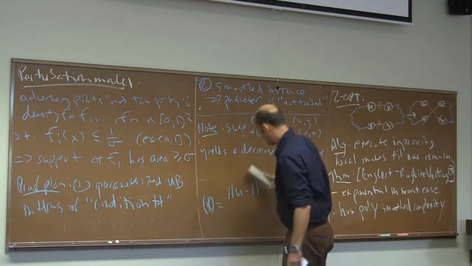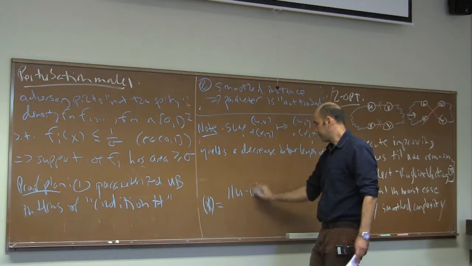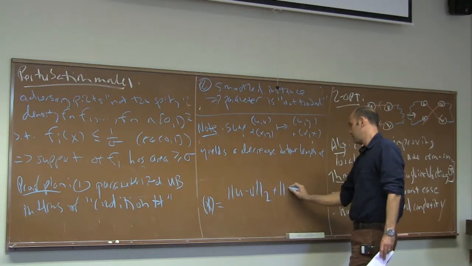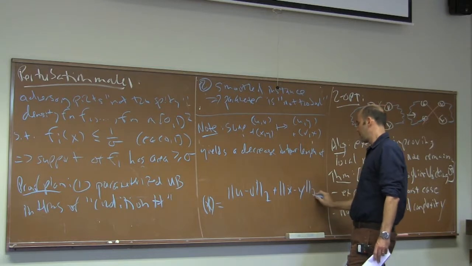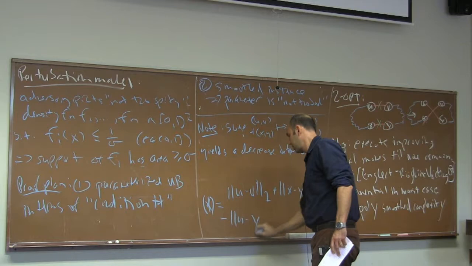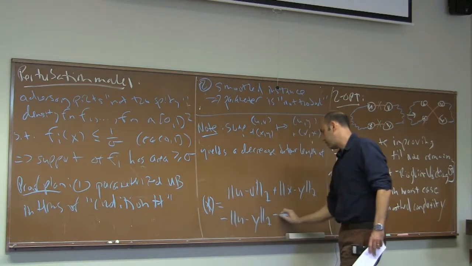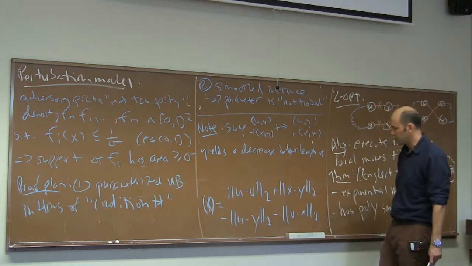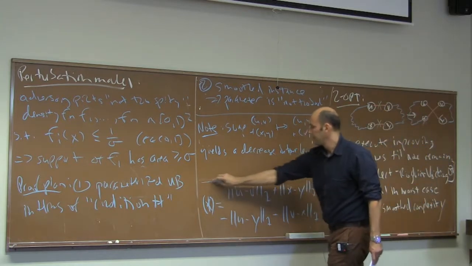The two edges that we delete contribute a positive decrease, and remember, we're using the one norm here. And the two edges that we stick in contribute a negative decrease. So this is going to be star.